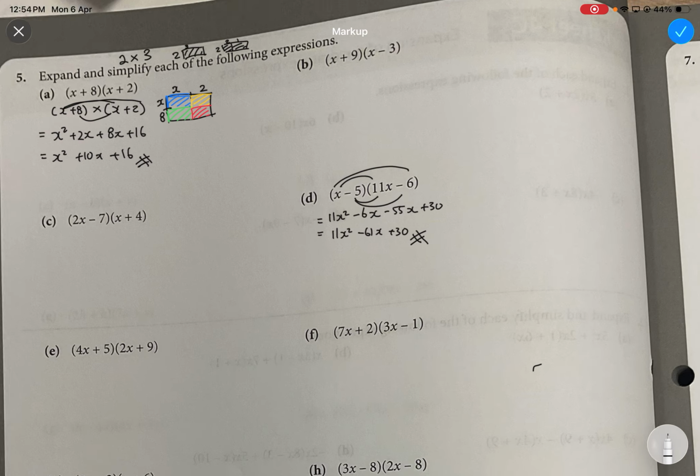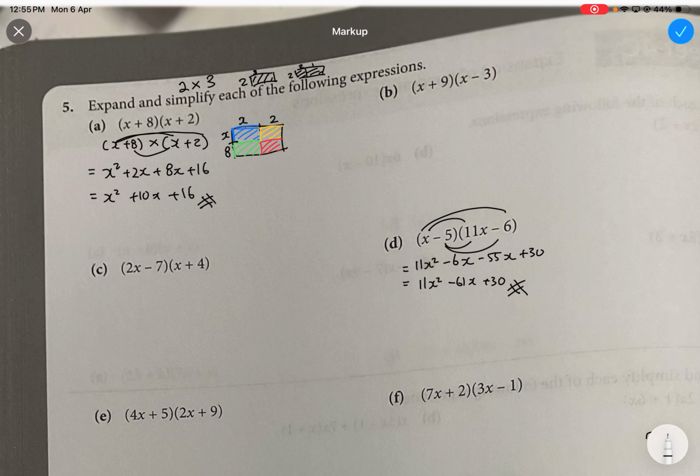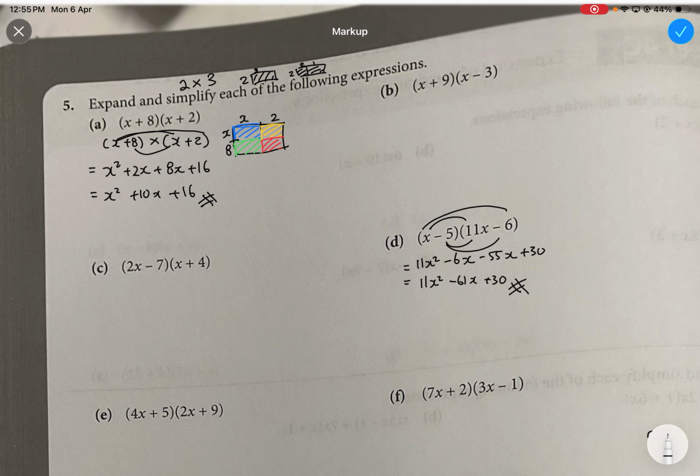All those not yet done, B, C, E, F. You do it now, it will help you improve your math. Hurry! Don't give up. Try it now.